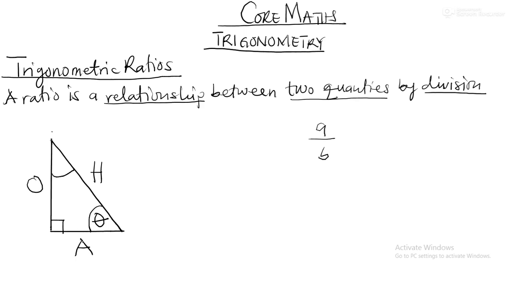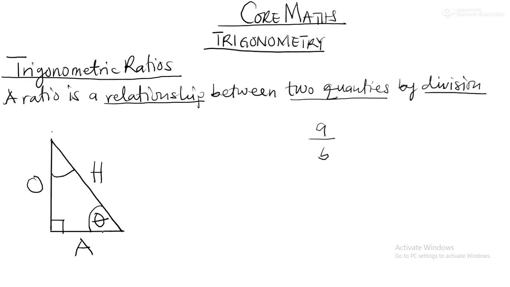If we are using the other angle as our reference angle, then this side will rather be our opposite, and this side will be our adjacent. So we have to know which angle we are using as our reference angle.